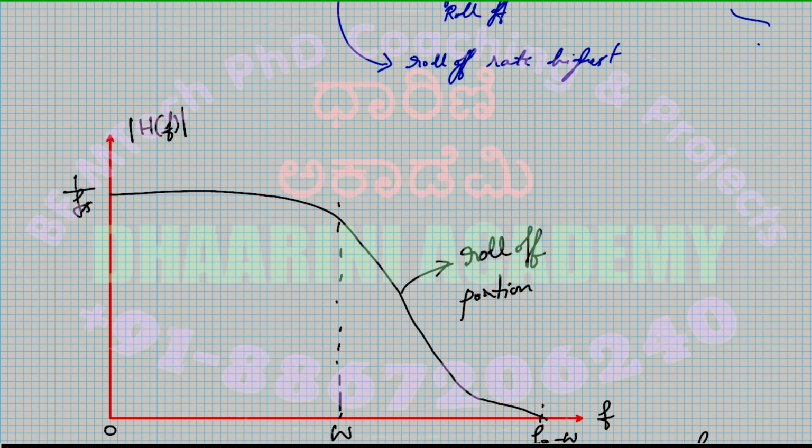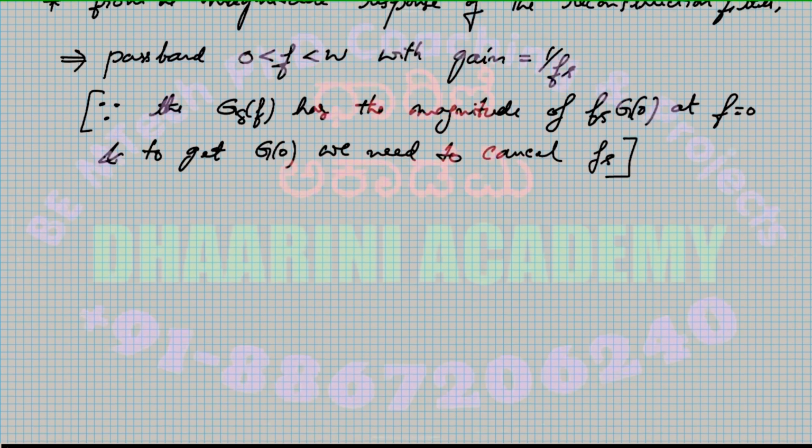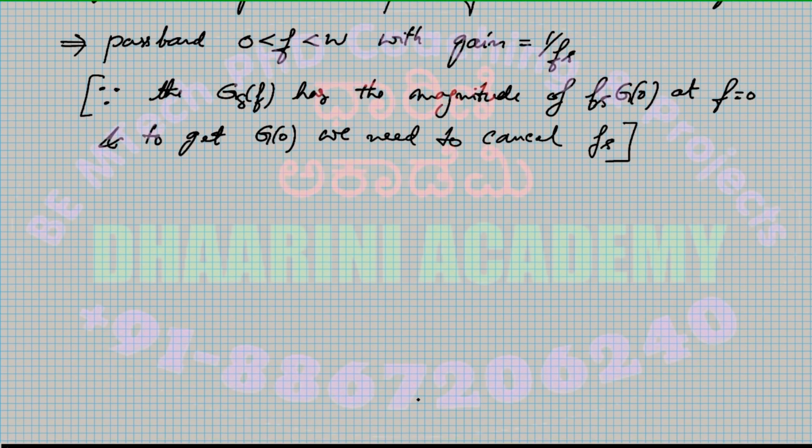So after this pass band, now you can see what's the next band we have. After this pass band, now I have a transition band, with the guard band inside that.